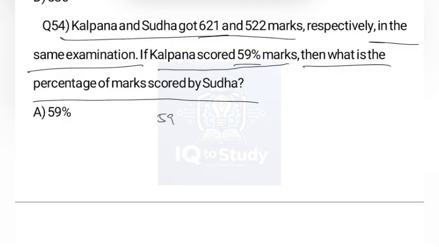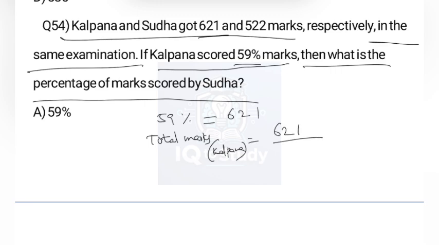Here 59% is equal to 621. So total marks is 621 divided by 59 by 100, that is 621 by 0.59, which is equal to 1052.54.